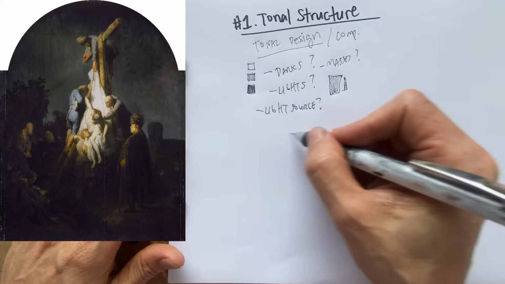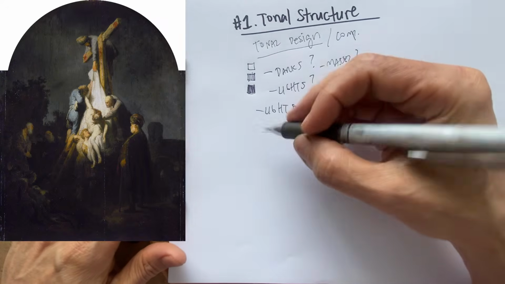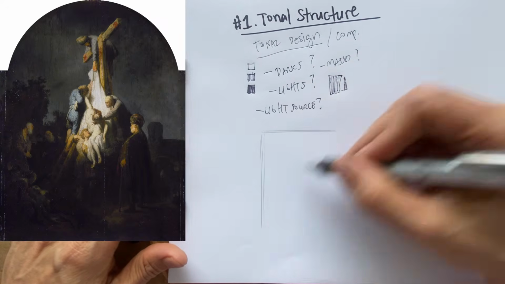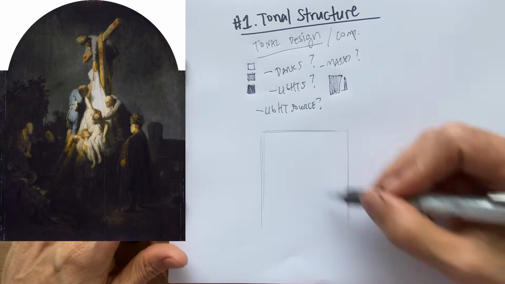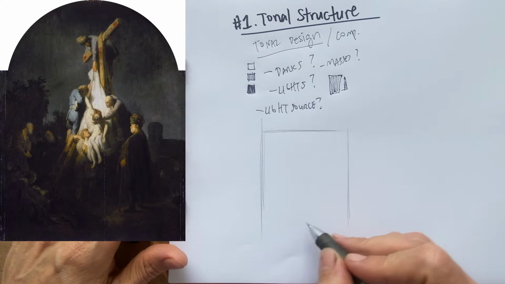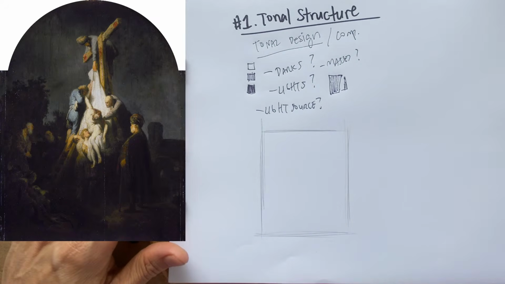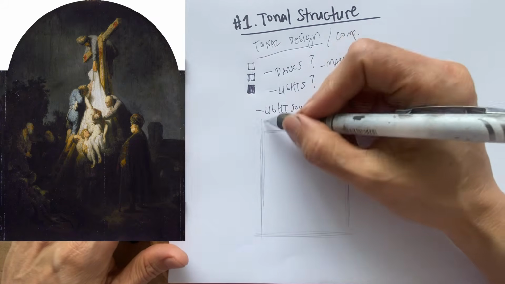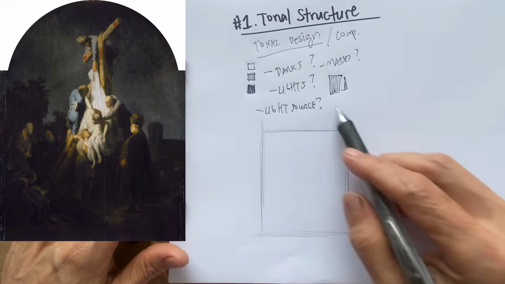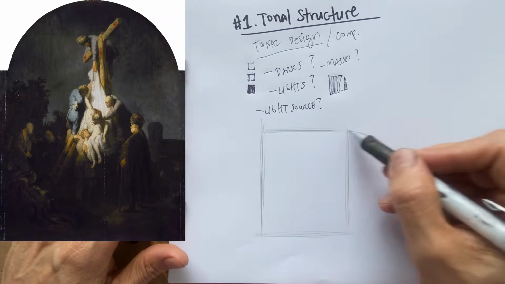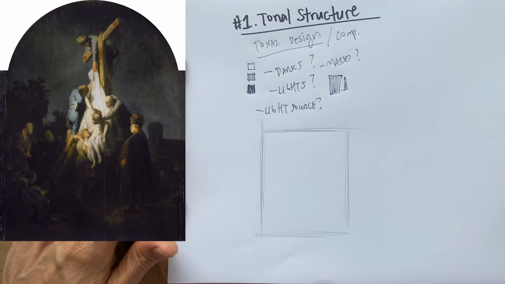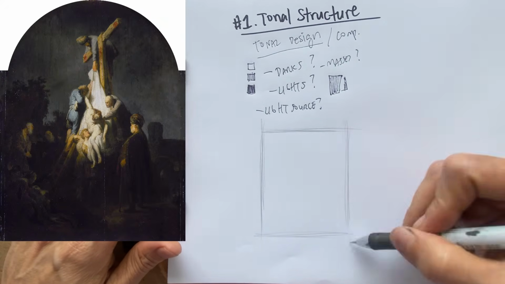The first thing I like to do is match the aspect ratio. What that means is you want to get as close to the frame of the original as possible. Obviously the original here is more vertical.